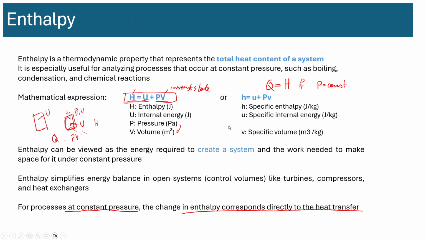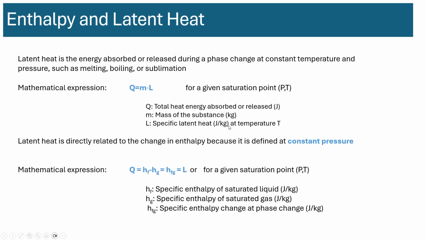The other thing to note now is the importance of enthalpy and the latent heat. The latent heat is the amount of energy that is absorbed or released during phase change, right? So when water is boiling, for example, how much energy is needed to boil, let's say, X kilograms of water?